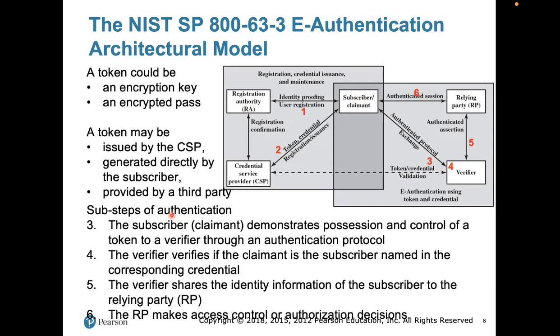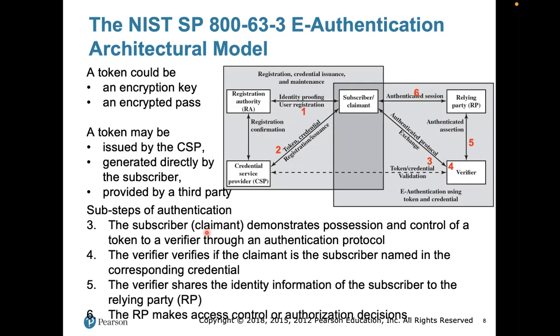In this process, we call the person who wants to reuse that functionality or those resources a claimant, someone who claims some kind of identity, and we want to make sure that the claim is correct.